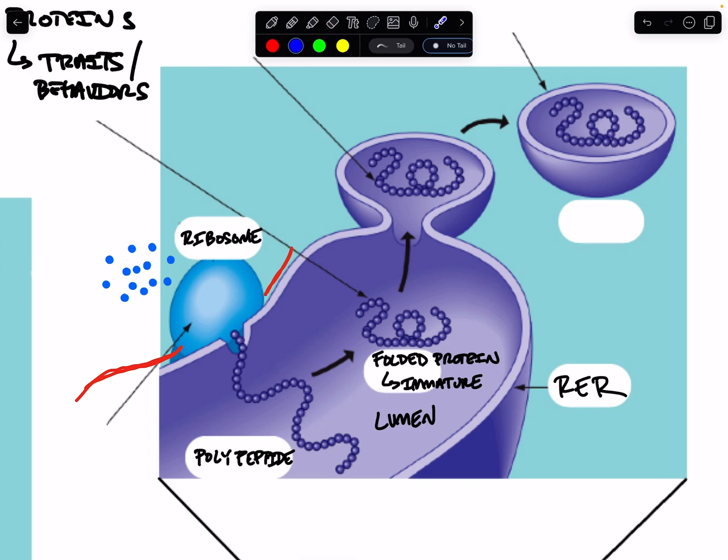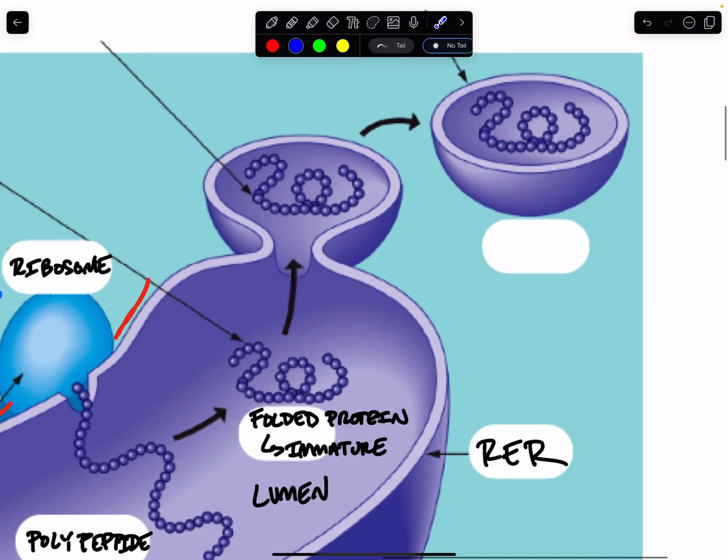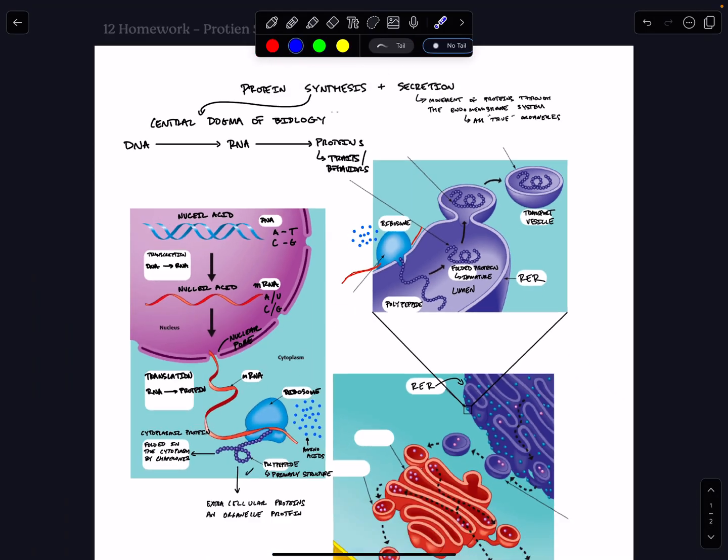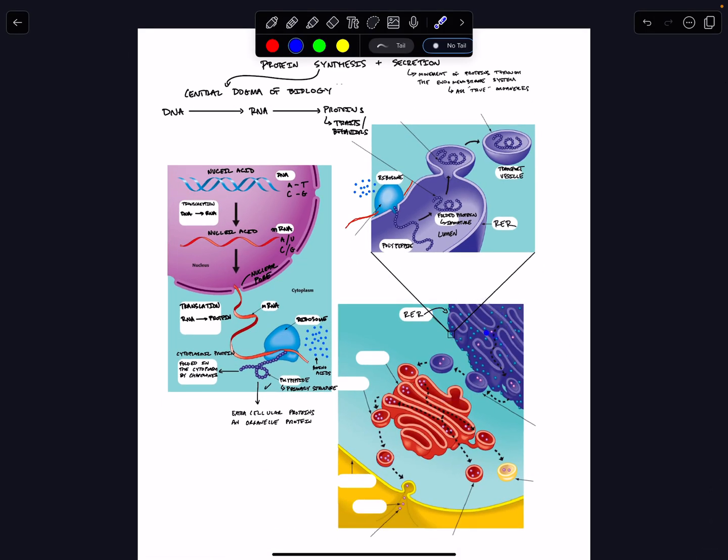A piece of the rough endoplasmic reticulum pinches off and contains this immature protein inside of it. When it is completely pinched off from the rough endoplasmic reticulum, we now call this a transport vesicle. And here's where we're going to jump down to this other image.